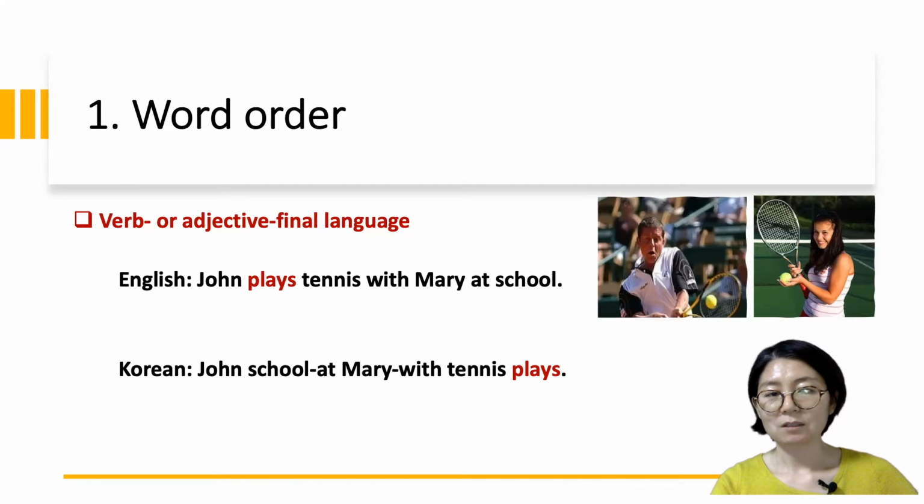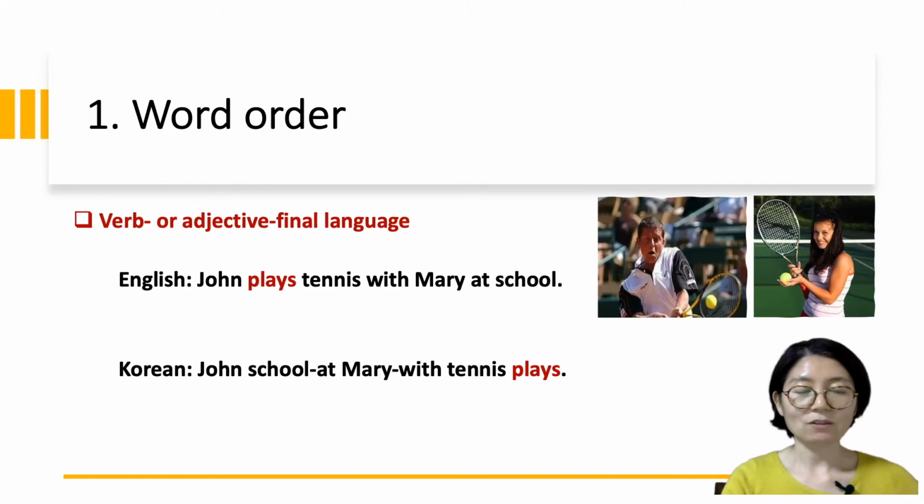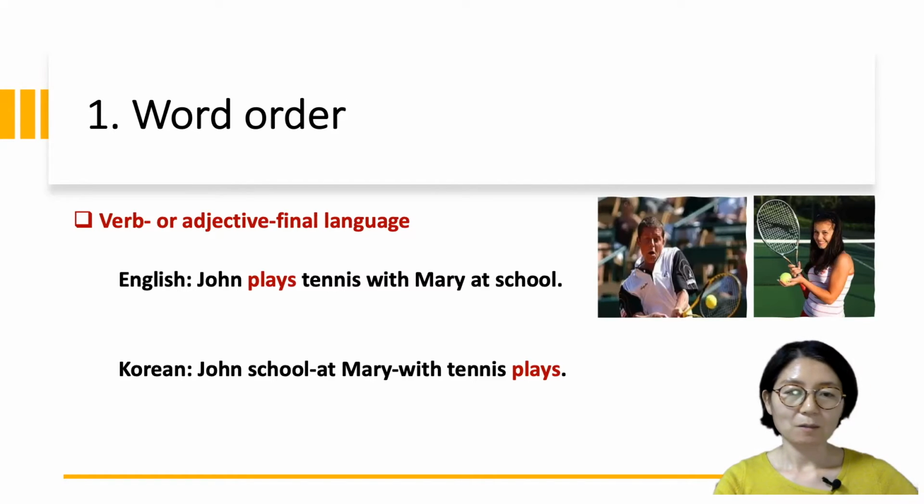But in Korean, you have to put the verb or adjective at the end of the sentence. And then the other elements of the sentence can be put in any place within a sentence. For the characteristics of the Korean language, we do not have any fixed sentence order as long as the verb or adjective comes at the end of the sentence.